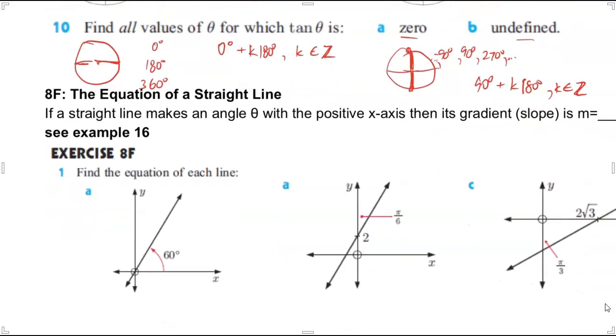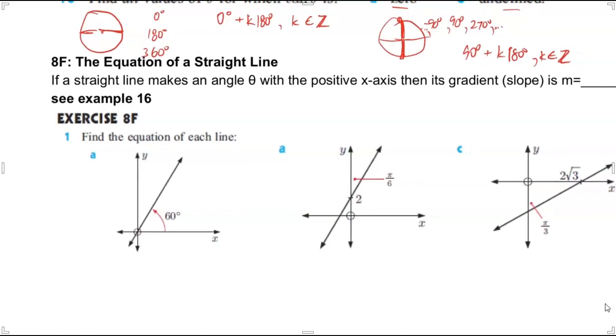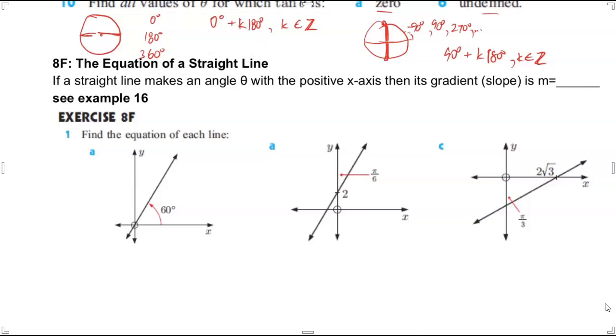All right, next problem 8f, the equation of a straight line. If a straight line makes an angle theta with the positive x-axis, then its gradient or slope is, okay, so find the equation of each line. All right, so this is like a combination of linear equations with trig.